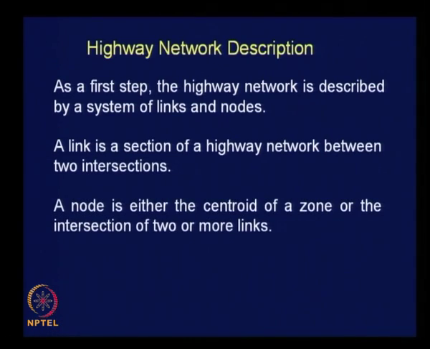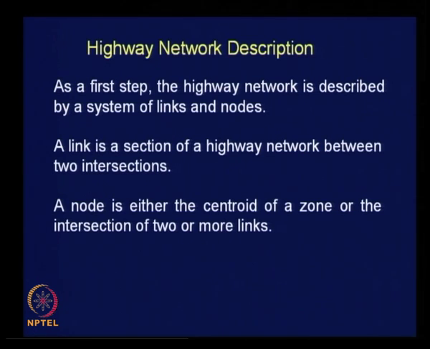A node is either the centroid of a zone, namely traffic zone. You know what is traffic zone now, centroid of zone, or intersection of two or more links. Okay. Road intersections are nothing but intersection of links, isn't it?